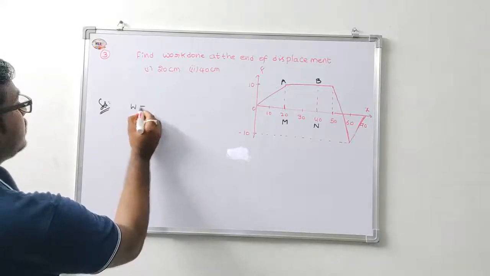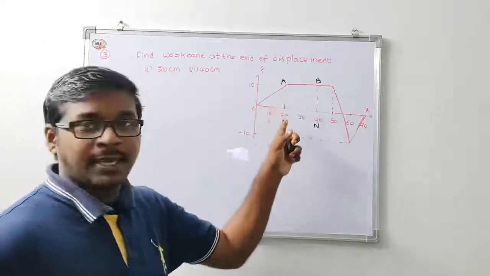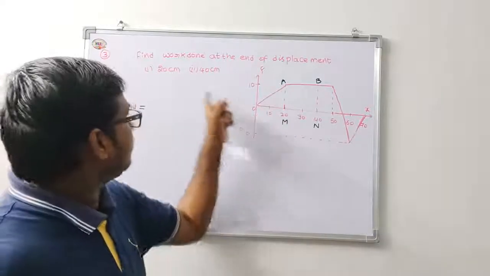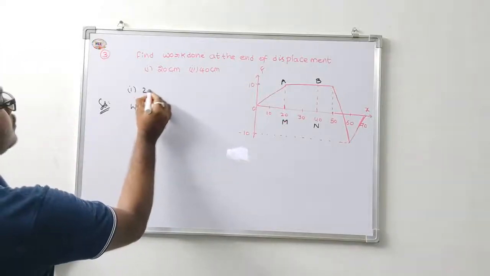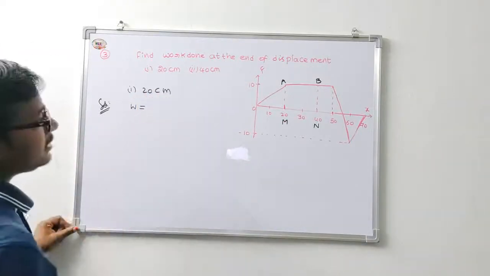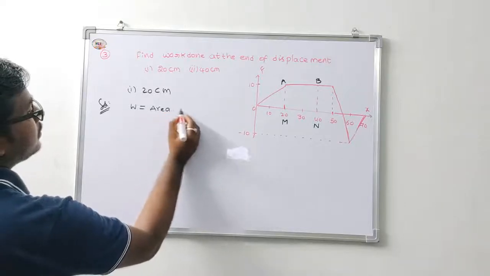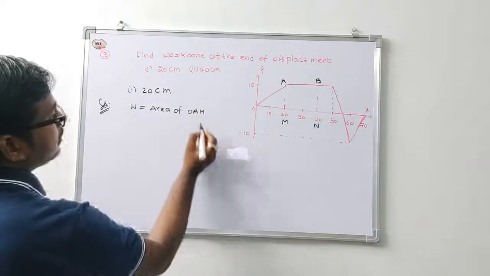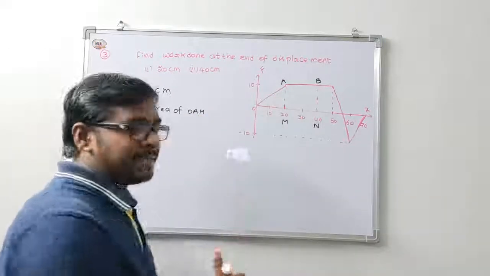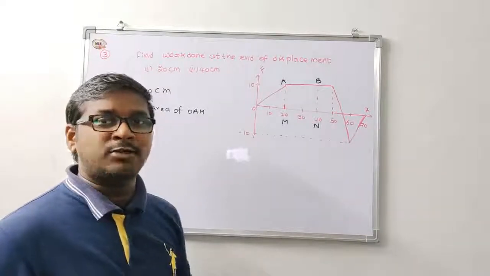First, the work done W is equal to the area of OAM, at the end of 20 centimeter. This shape is a triangle, so the area of the triangle formula is half into base into height.